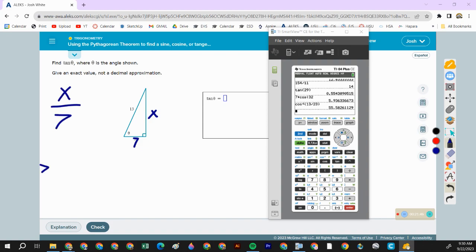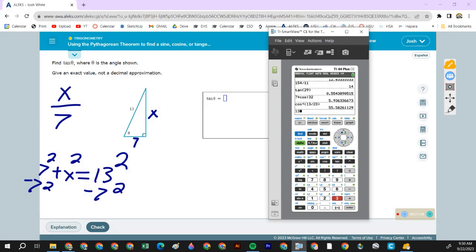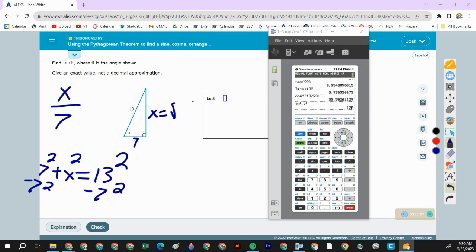So 7 squared plus x squared equals 13 squared. Subtract 7 squared. So in my calculator, 13 squared minus 7 squared is 120. So I take the square root, and x is the square root of 120.